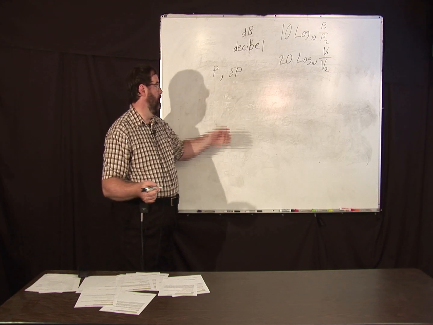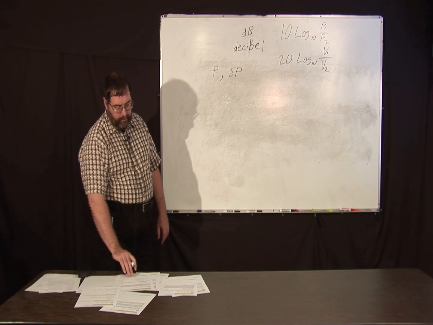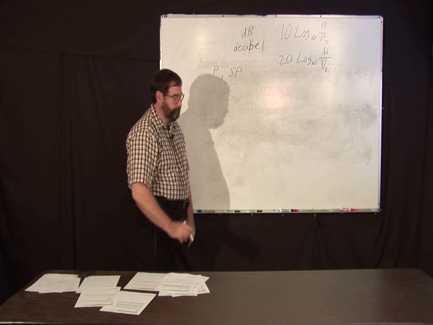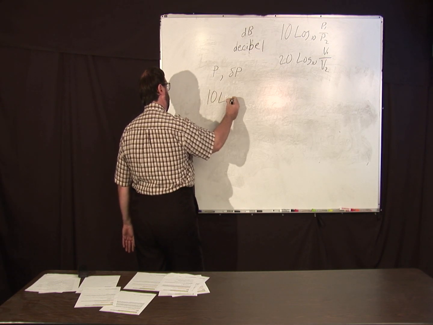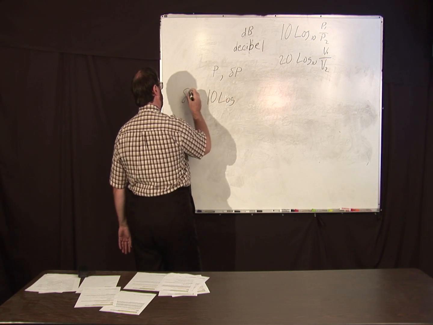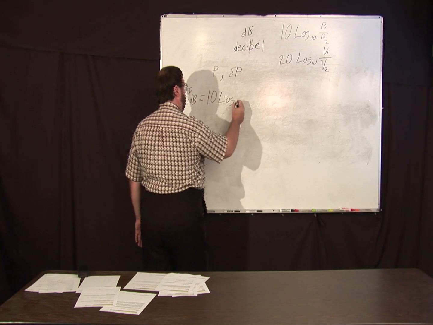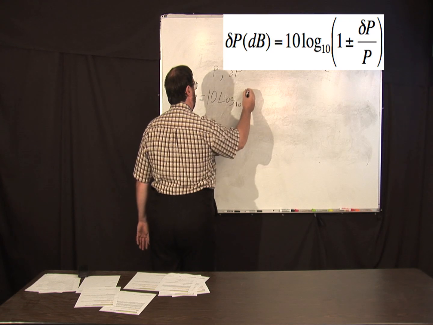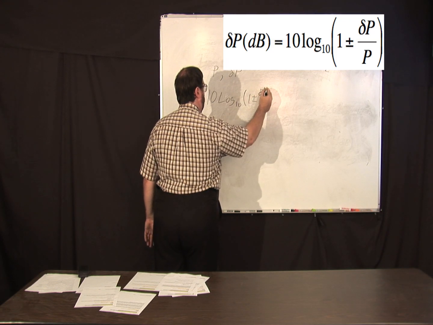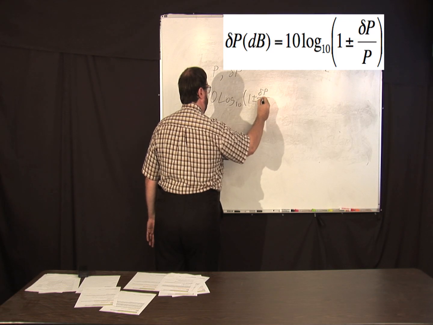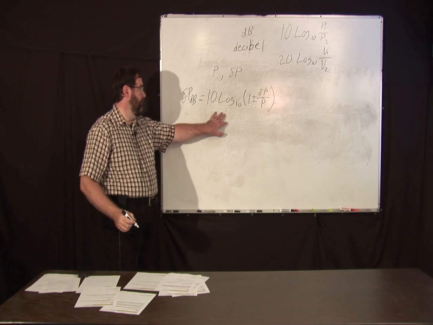The way you do that is you take 10 log base 10. The uncertainty of P in dB is equal to 10 log base 10 of 1 plus or minus delta P over P. It's not going to be symmetric generally.